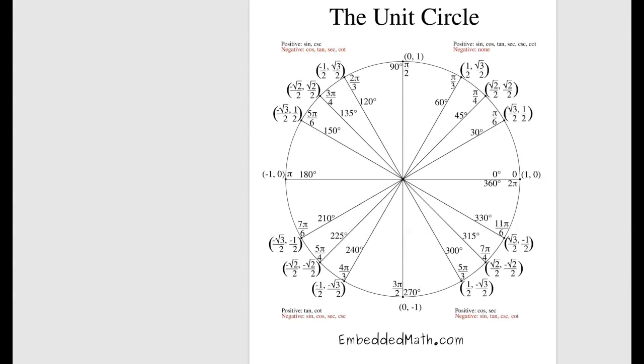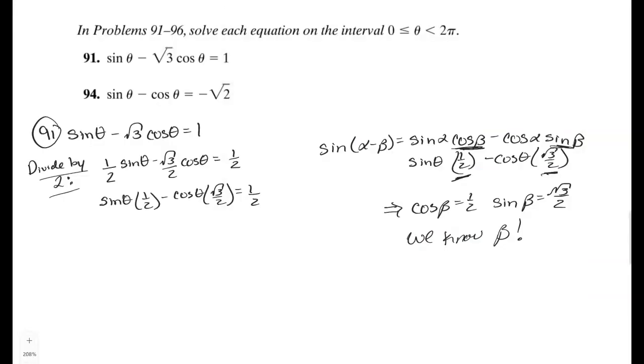Beta has to be equal to pi over 3. So we have reduced this side: instead of having sines and cosines, it's going to be equal to the sine of theta minus pi over 3.